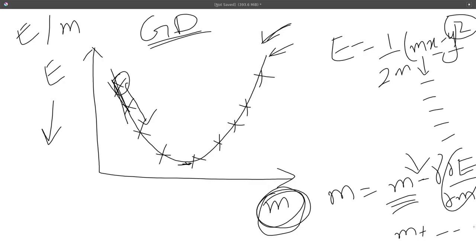So we'll move in this direction, and hence the overall direction is this way, right? And if we are somewhere here, then this value is positive, and hence this becomes m minus dot, and we'll move in this direction.